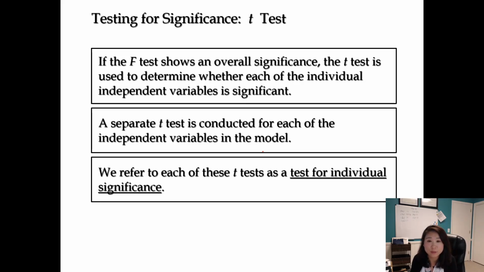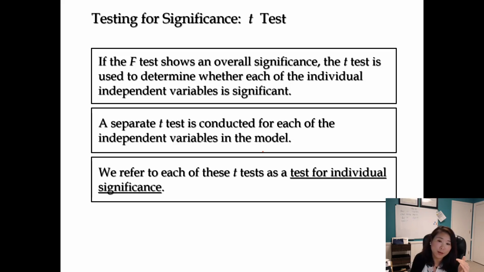Because sometimes in a group, some of the variables might not work. Just think about your group project. Although your group project may get an A, some group might say, no, I think some of our group members actually didn't work. I don't think they deserved an A. So basically, this t-test is like a peer evaluation. I try to figure out which student didn't really work.